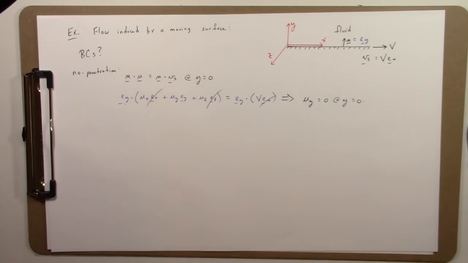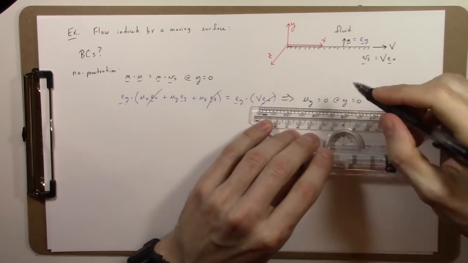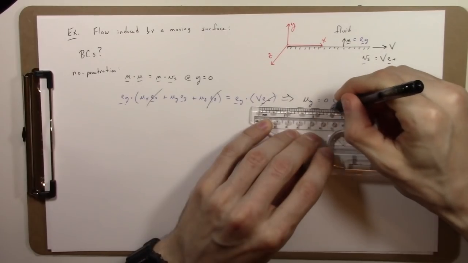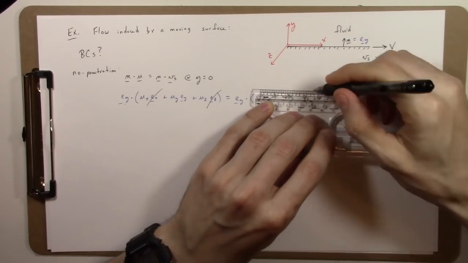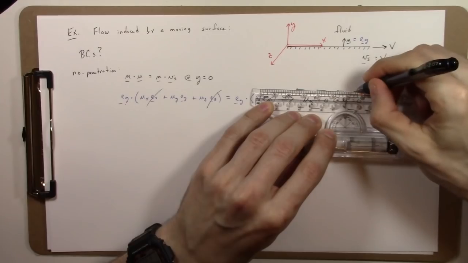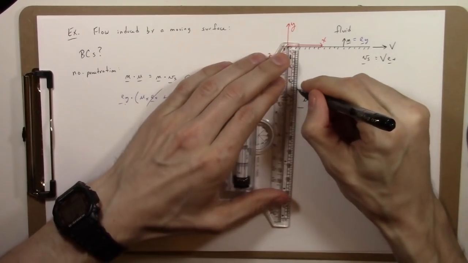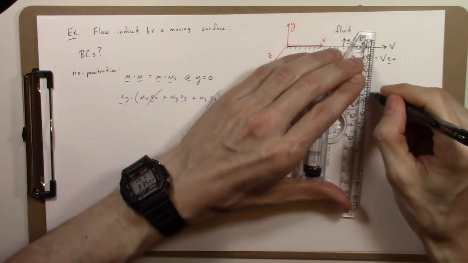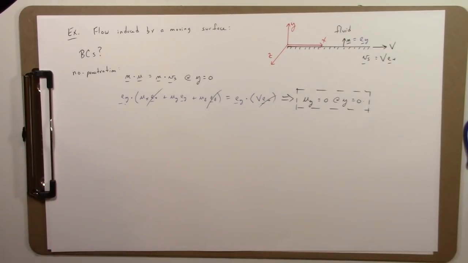So that is the no penetration boundary condition for this example. You can see the procedure is fairly straightforward. You apply the general form of the boundary condition, n dot u is n dot vs. Just identify what n is for the particular interface under consideration.